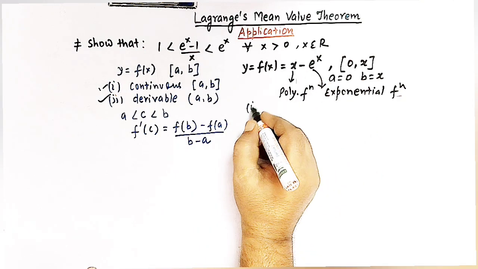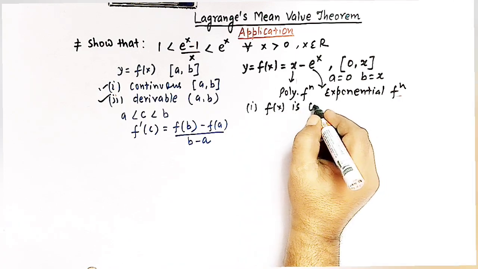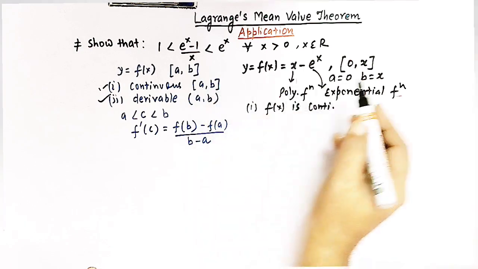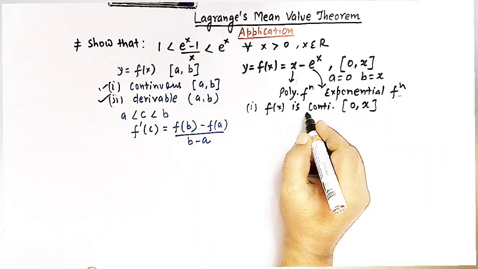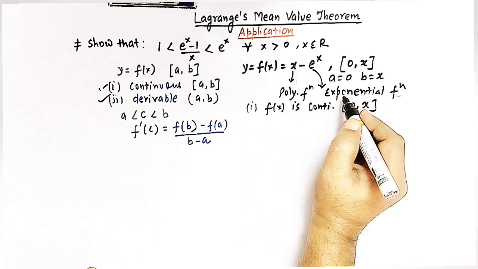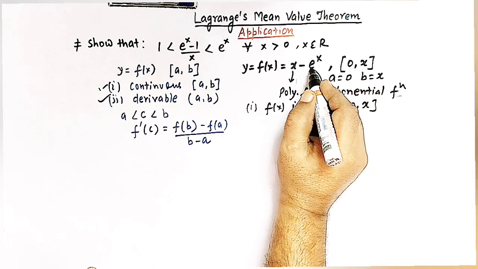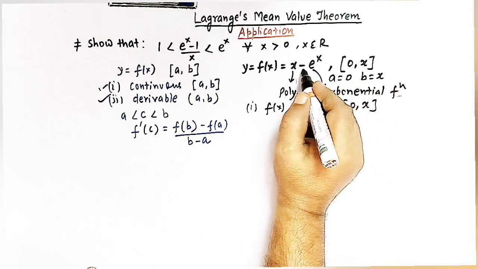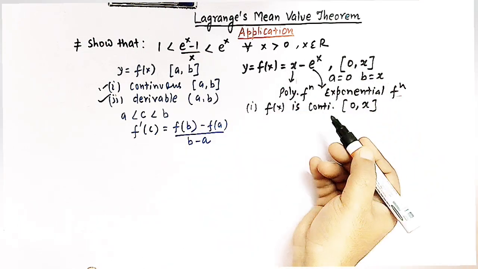So here this function f of x is continuous in the interval 0 comma x, because x is a polynomial function, which is continuous, e raised to x is an exponential function, which is also continuous, and this is the difference of two continuous functions. So f of x is also a continuous function.